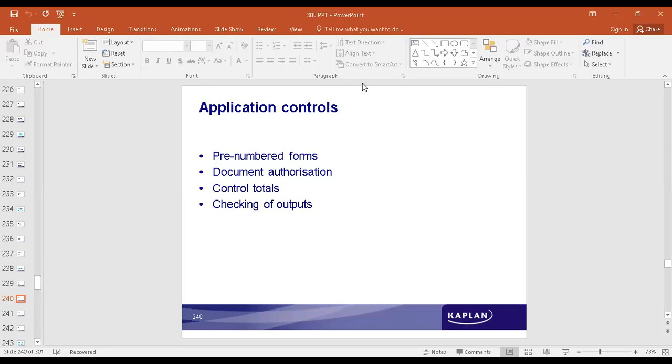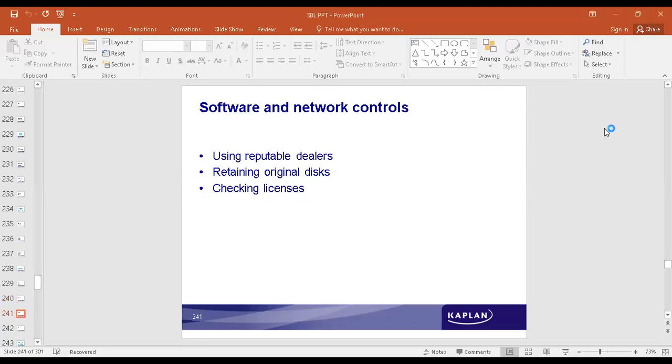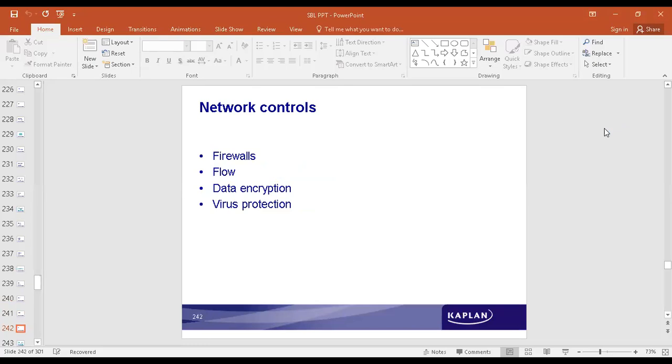After that, the output that is generated is also taken care of, checking whether it is appropriately generated output. There is some amount of checking of the outputs also.